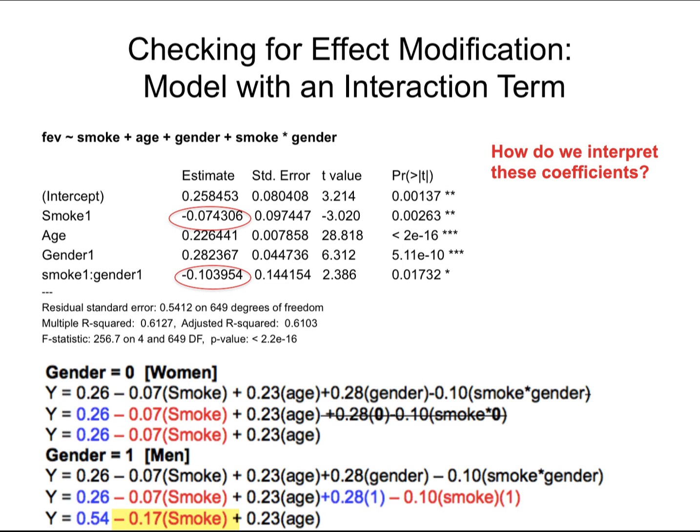So for men, smoking is associated with an average of 0.17 liter decrease in FEV, adjusting for age. And for women, smoking is associated with an average of a 0.07 liter decrease in FEV, adjusting for age.